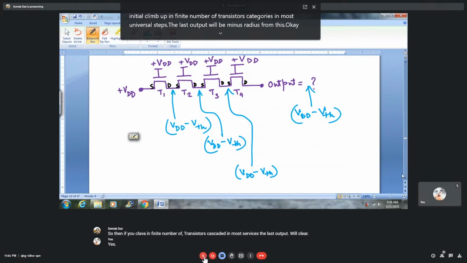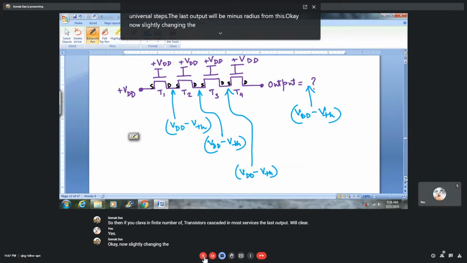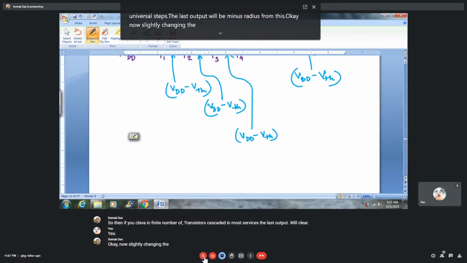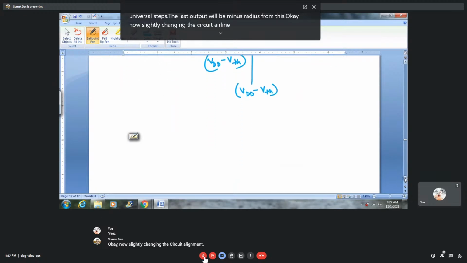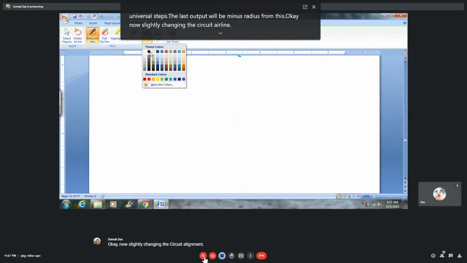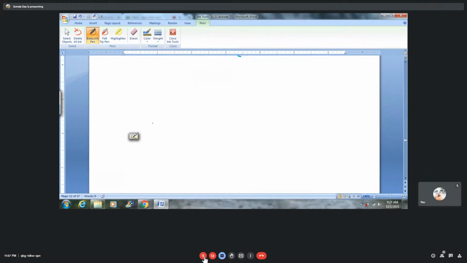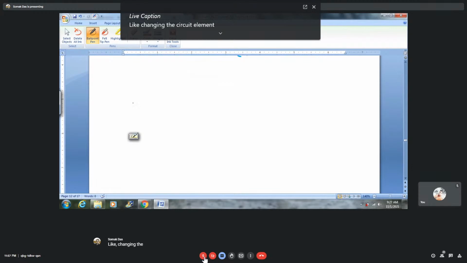Okay. Now slightly changing the circuit alignment.